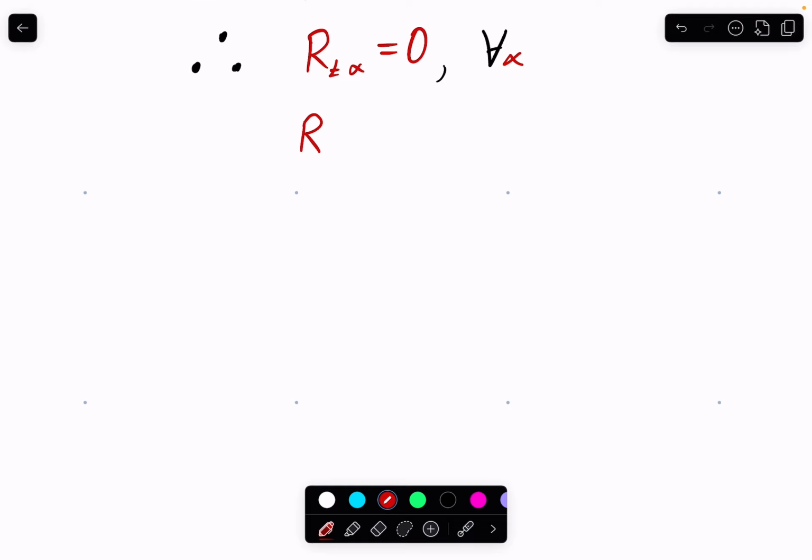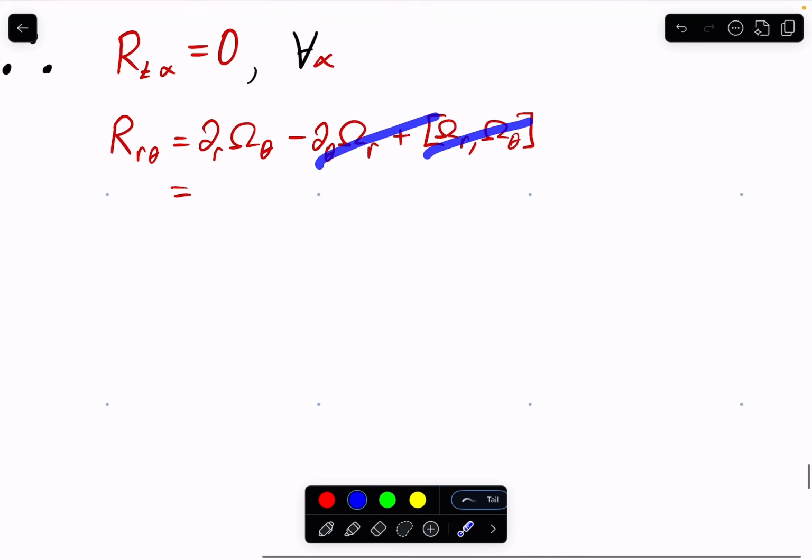And then the first one that isn't super trivial is R r theta. So we get partial r minus, and then plus these. And we know that these vanish right away because omega r is 0.